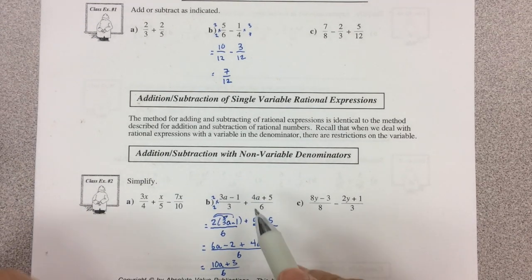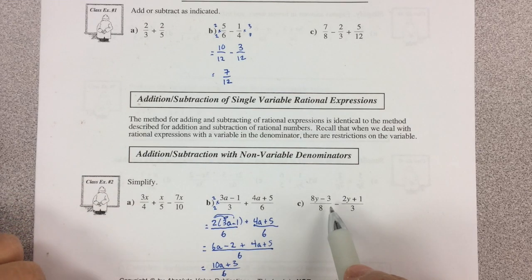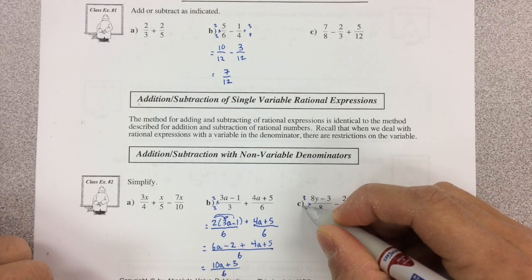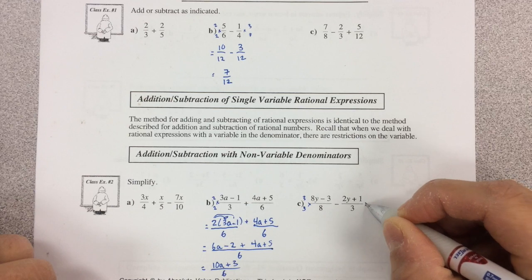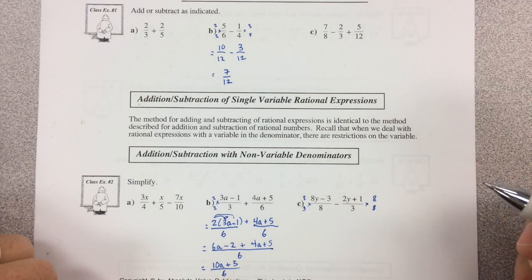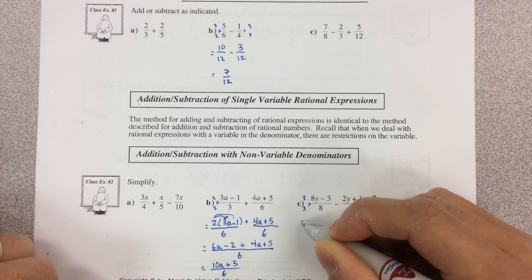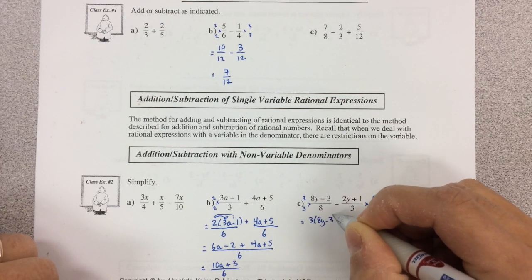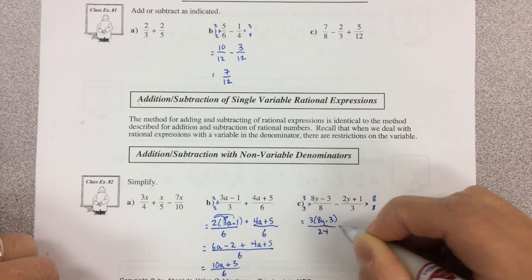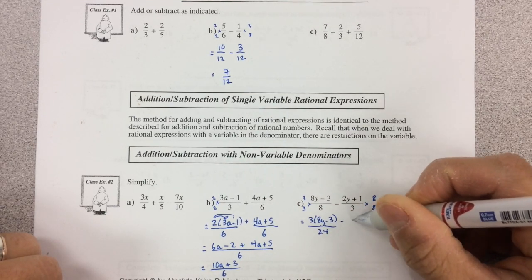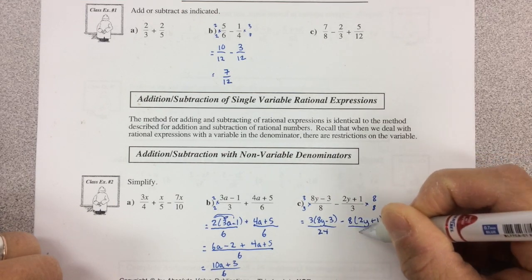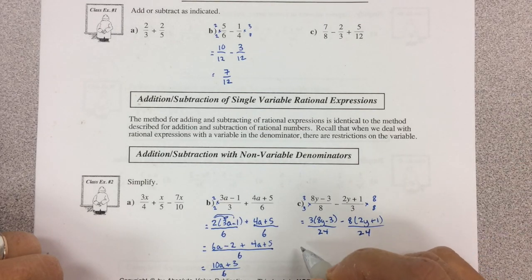On this side, I'm going to have a lowest common denominator of 24, in which case I would have to multiply this by 3, and I'd have to multiply this side by 8. So if I get this started: 3 times (8y minus 3) over 24, minus 8 times (2y plus 1) over 24.